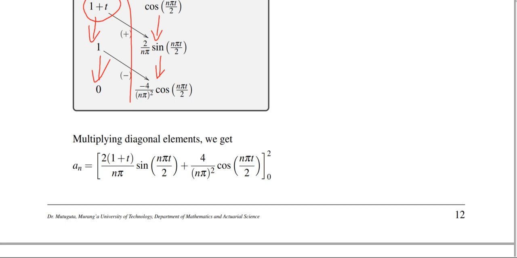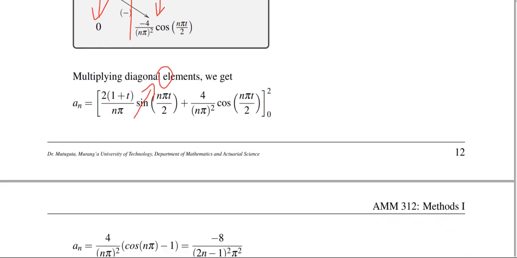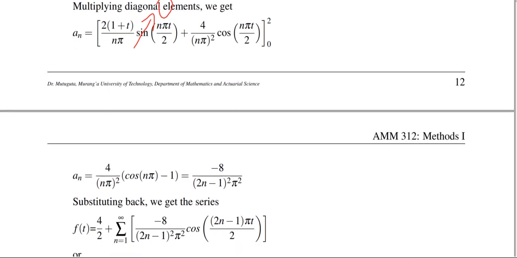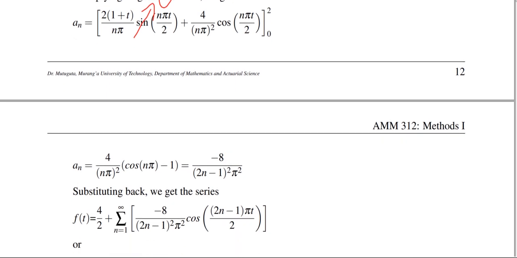Definitely, when we substitute t is 2, the sine term will obviously be 0. So we shall only be left with the cosine term, and we substitute 4 over n pi squared. Then when t is 2, we get cosine of n pi, and when t is 0, we get cosine of 0, which is 1.